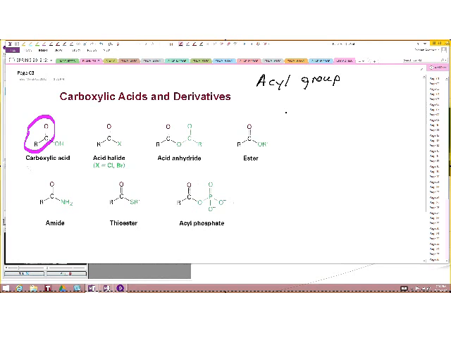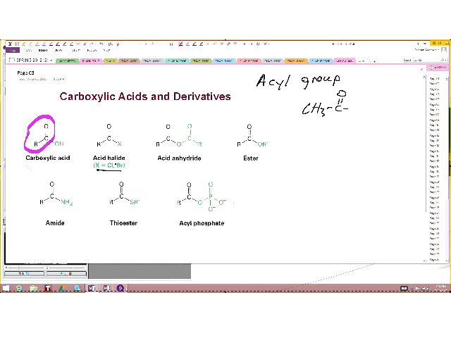An acyl group is one in which you have a carbon atom or an alkyl group attached to a carbonyl. For example, this would be an acyl group. All of the carboxylic acid derivatives have that much in common: they all have the acyl group.